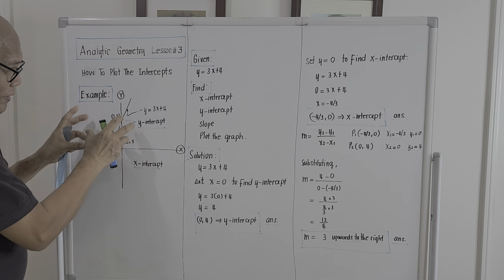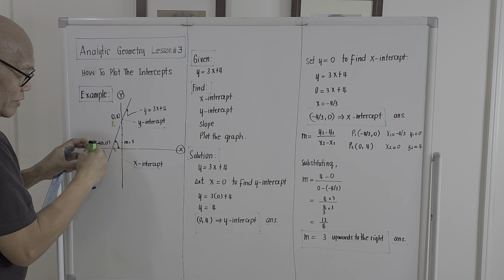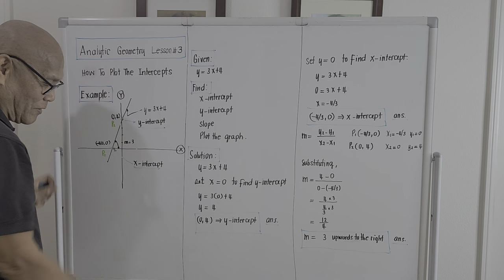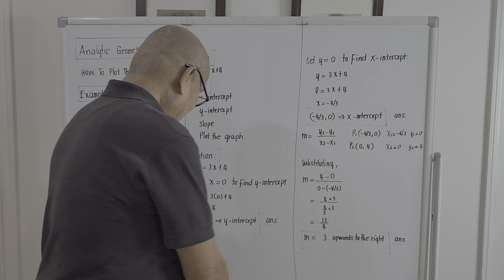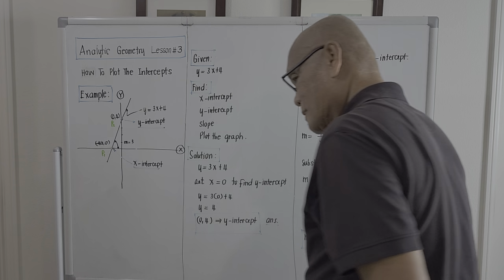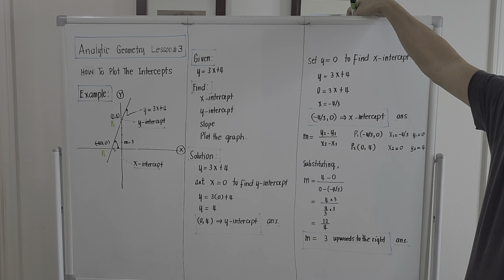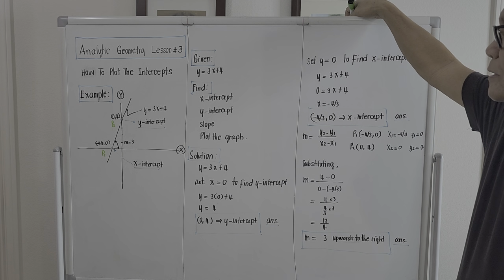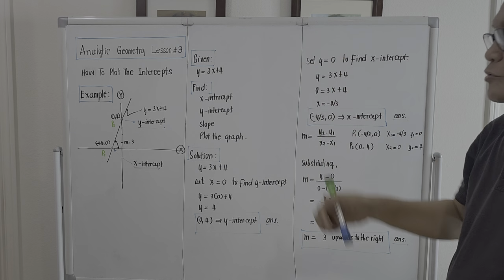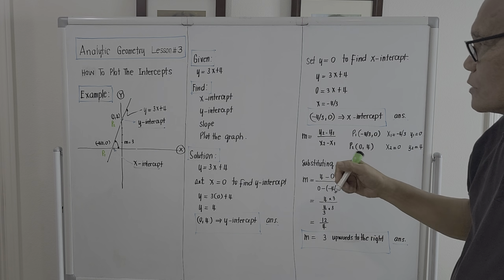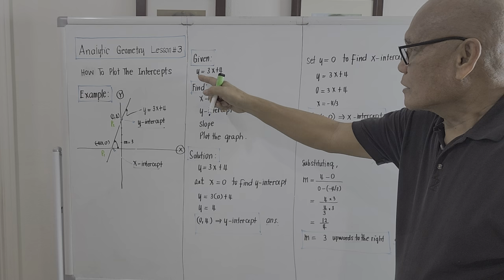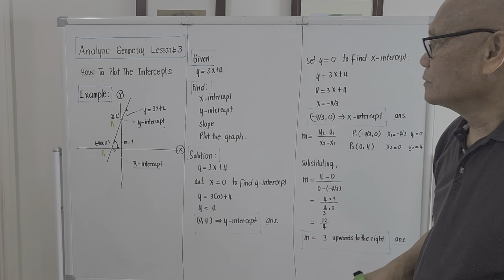Okay, this will be the figure of the given problem. I will go back to this as soon as I discuss the problem. To illustrate the plotting of the x and y intercept, we should be given an equation. The equation is y equal to 3x plus 4.